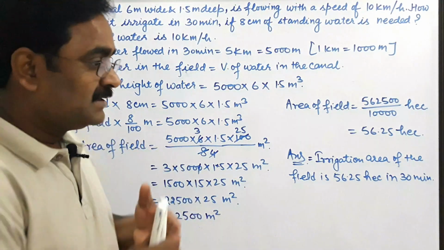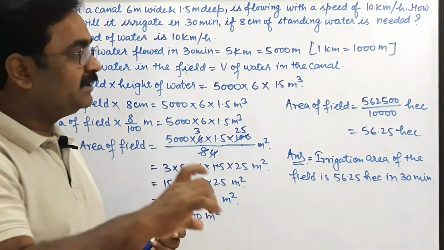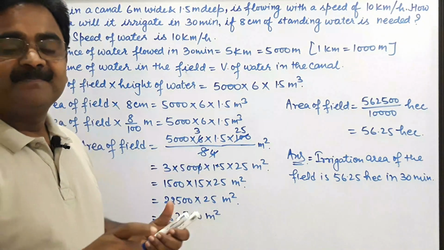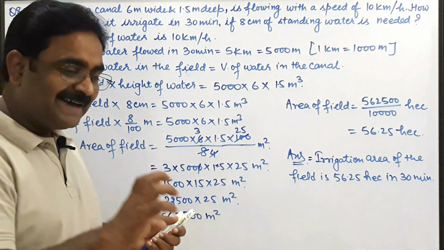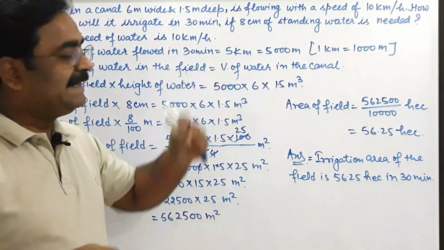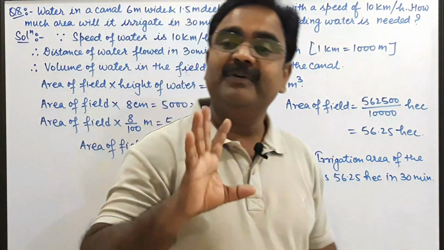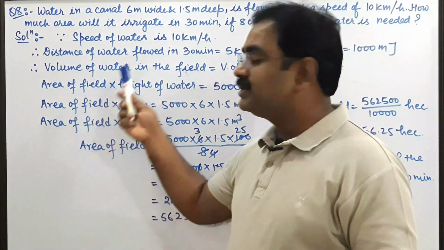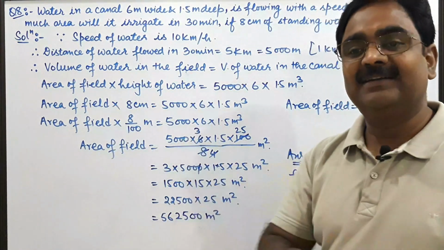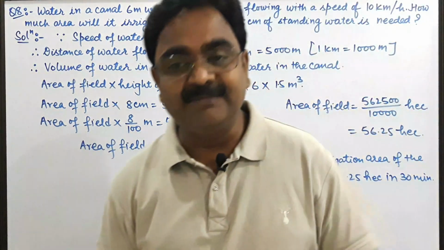Why? Field is 2D, but when the water is irrigated, this field is irrigated by the water, then the height of water is given here 8 centimeter. So this will take the form of a cuboid. So that's why the volume of this cuboidal canal is equals to the volume of water there in the field.